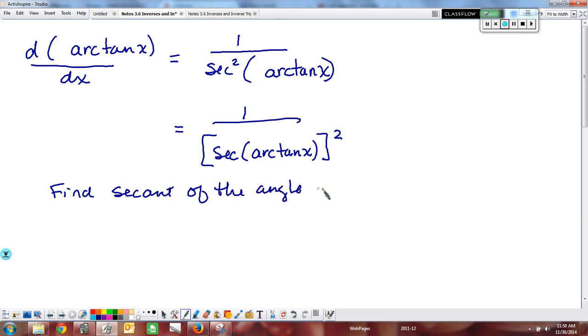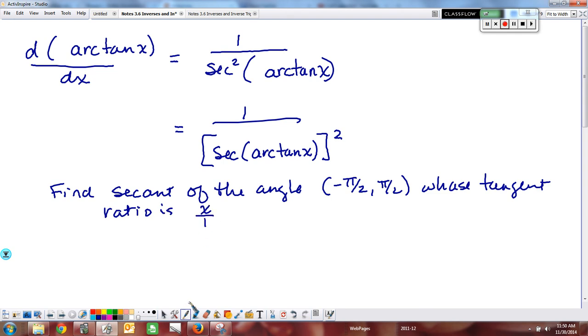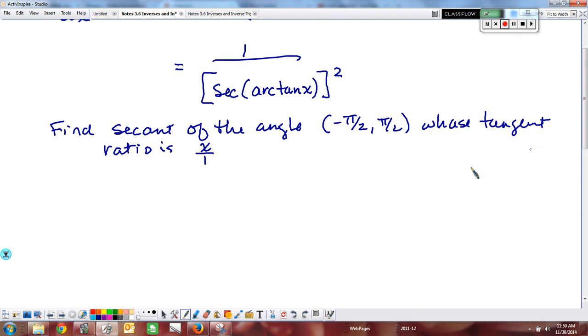and we are in our principal value range, which is negative pi over 2 to pi over 2, whose tangent ratio is x, or x over 1. So when I draw the picture for that, just like before, we're going to draw the picture in quadrant 1, and we have an option in quadrant 4, negative pi over 2 to pi over 2.